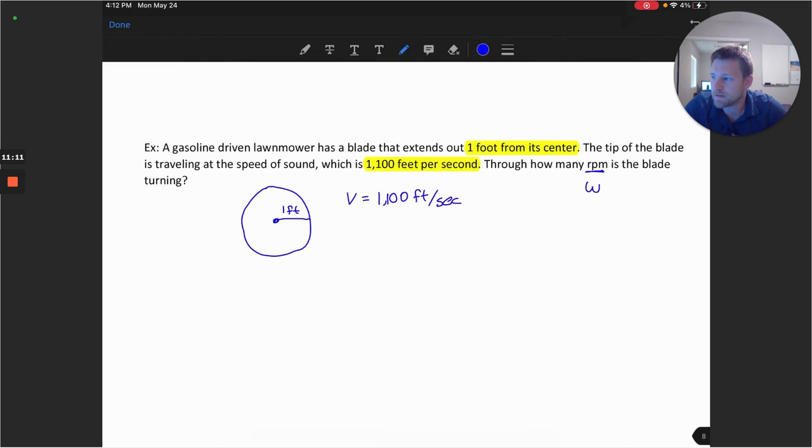So if I start with that linear speed, I can then take a look at what RPMs I might be traveling. Let's work this backwards. If I know that v is equal to omega times my radius, we know that v is 1,100 feet per second equals, my omega is what I'd like to solve for, times the radius, which is 1 foot.